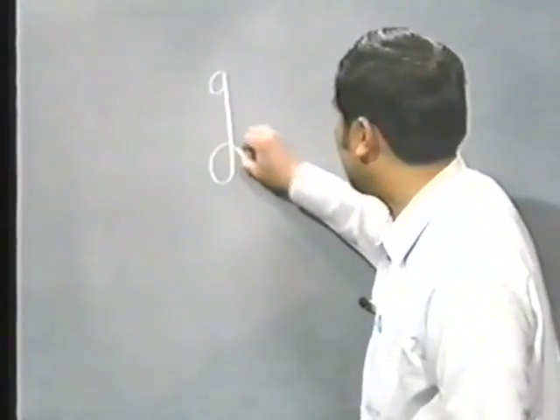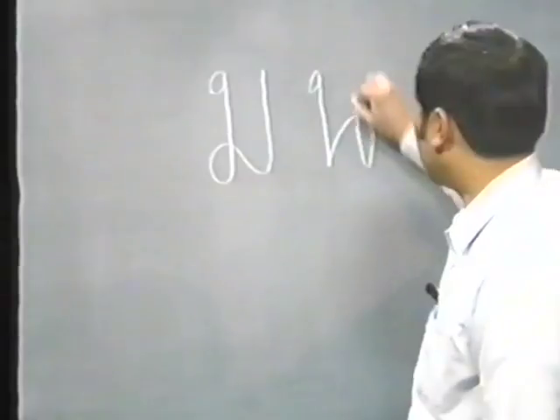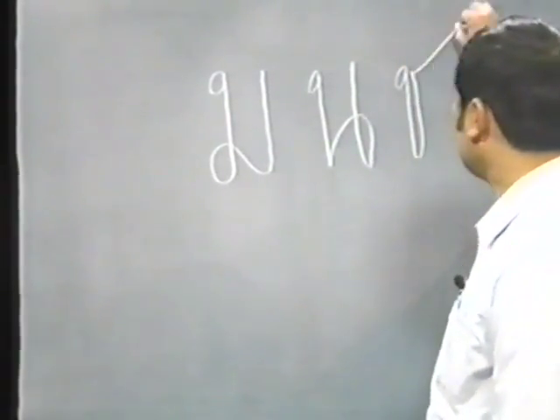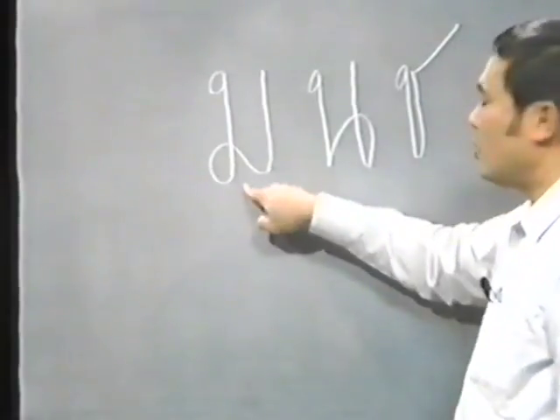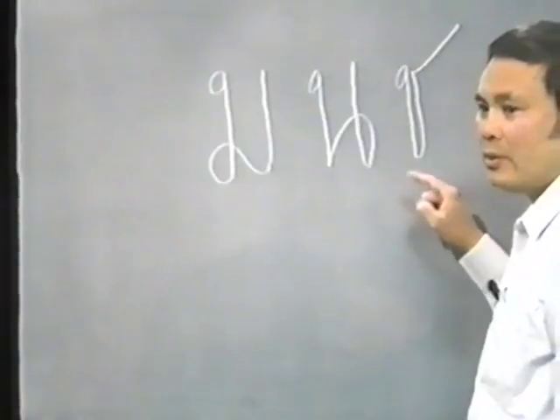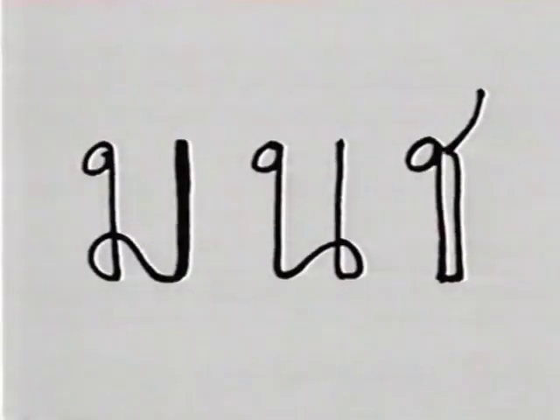Vowels can be referred to simply by the vowel sound or else with the word sara, meaning vowel, followed by the sound.